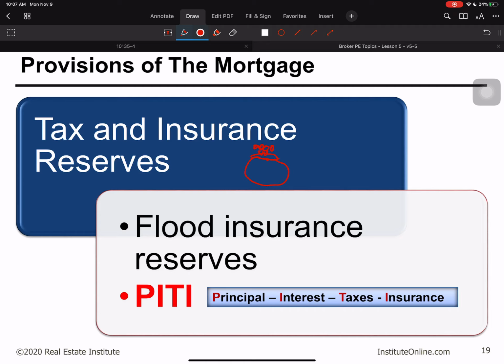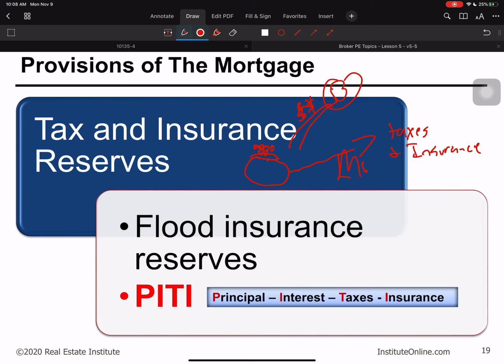If this is the borrower, they're going to be putting money monthly in here so that the lender or the mortgage company can take out money to pay the taxes and insurance for next year. So that's what an escrow account is.